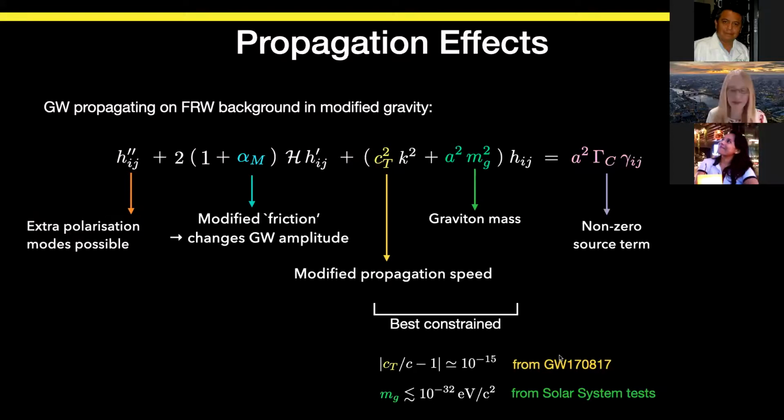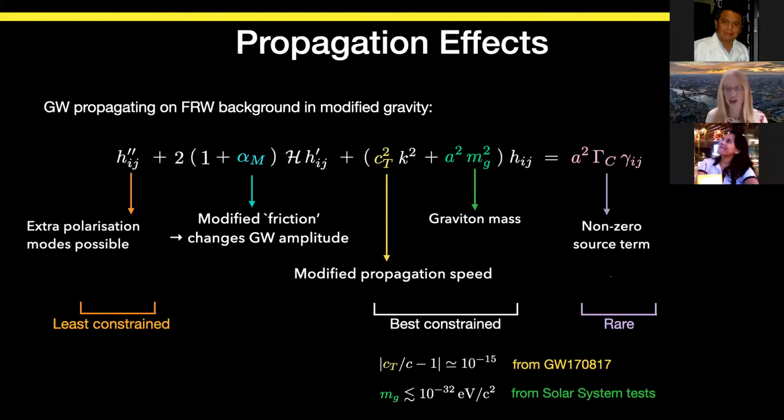There's a bit of uncertainty here regarding screening, but assuming it isn't completely screened, the mass of the graviton is bound to be less than an incredibly small number of eV. Conversely, the worst constrained right now are really the polarization modes. That's because the current LIGO detectors, the way they're constructed, are very bad at measuring polarization. So we really need future detectors to get a handle on that.